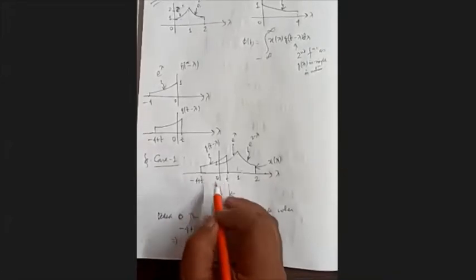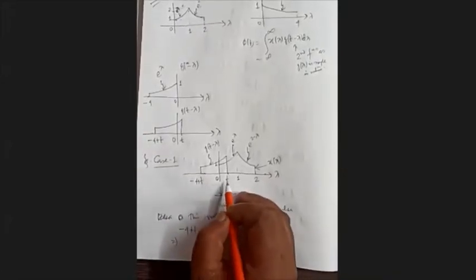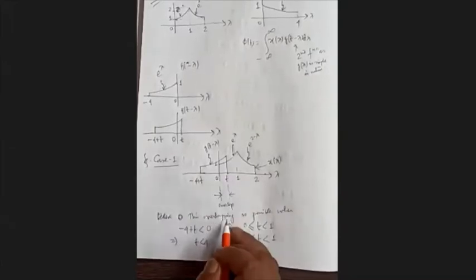But I can advise you one thing: instead of judging it conceptually, you can do it in a mechanical way also. First, note down all the conditions: this point should be left of 0, so t greater than 0, then t less than 1. Then identify the intersection of all the ranges, the common condition satisfied everywhere.